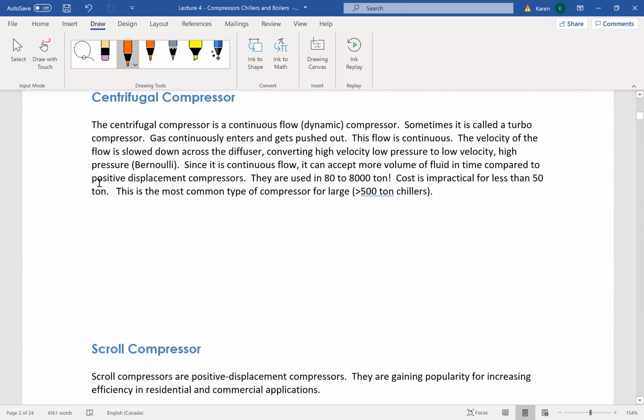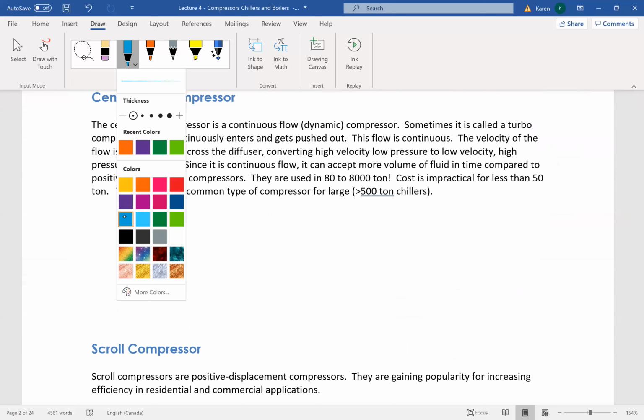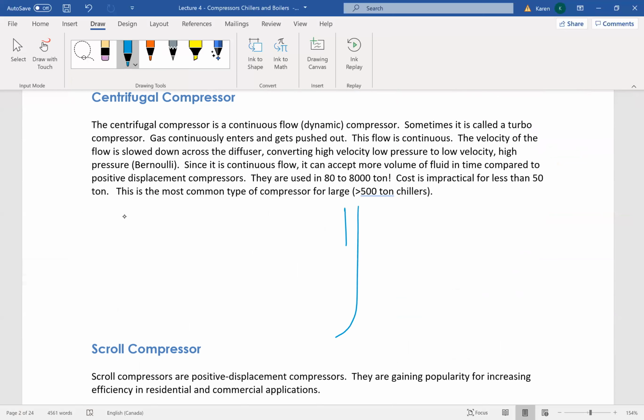And then a centrifugal compressor, this one's kind of interesting. This is also an axial flow compressor. So a centrifugal compressor looks like a centrifuge, where it has some vanes, and the inlet is here at the center, and then the outlet is here.